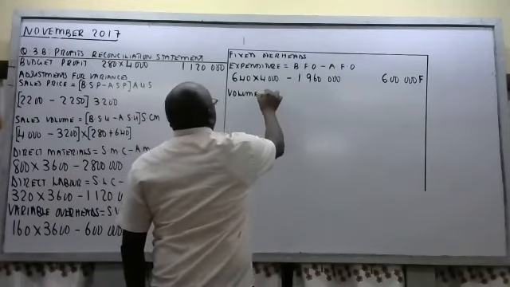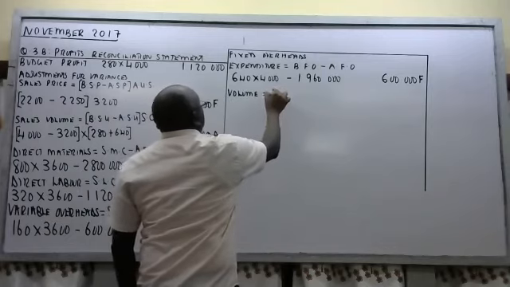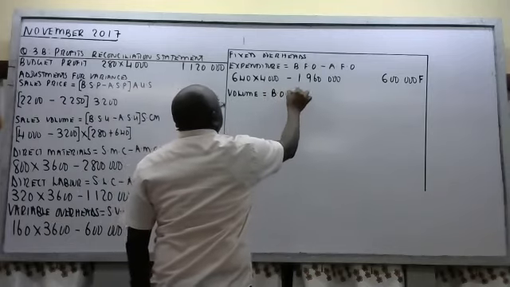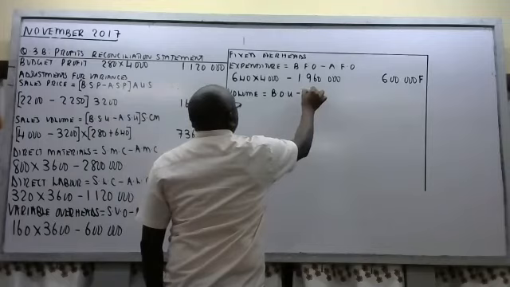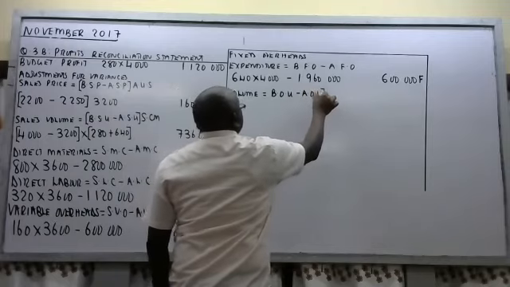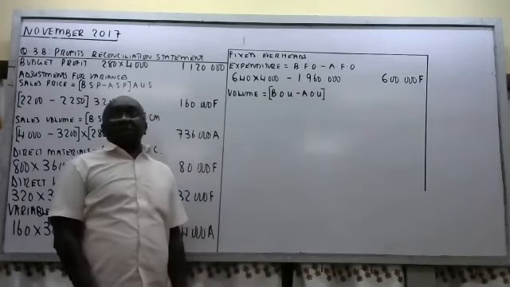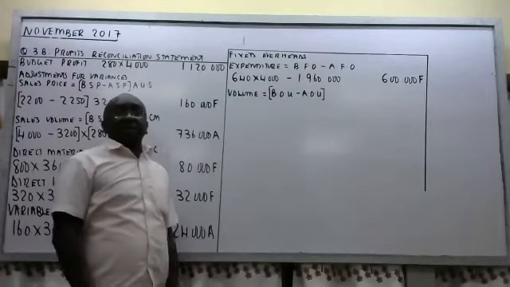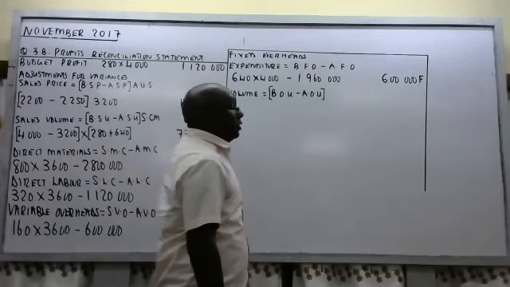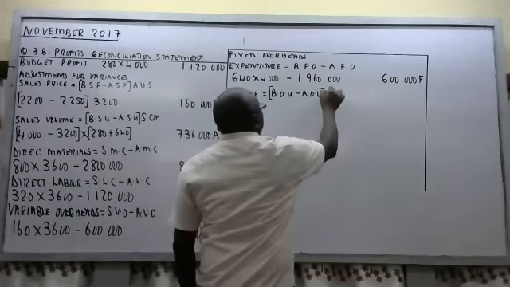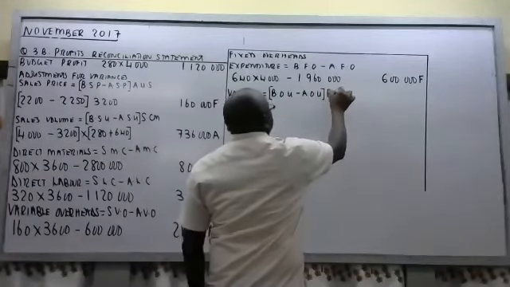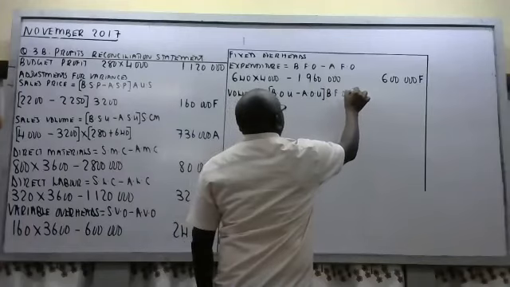It is given as budget output units minus actual output units, multiplied by budget fixed overhead per unit.